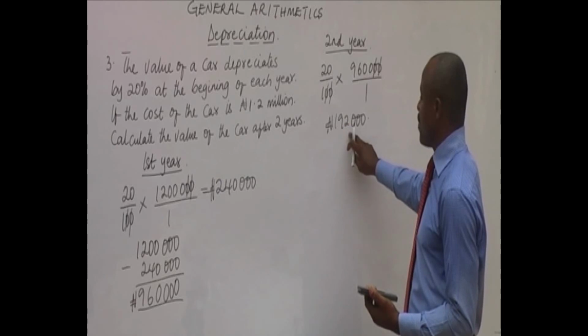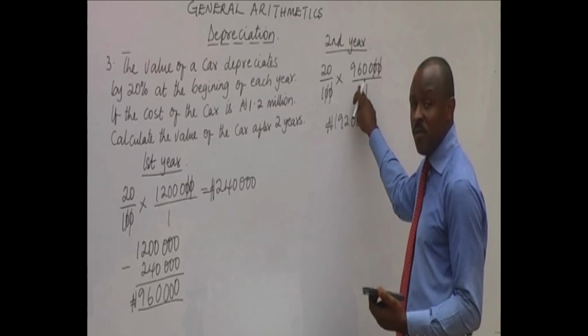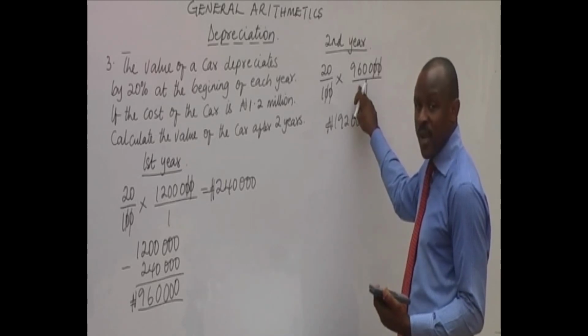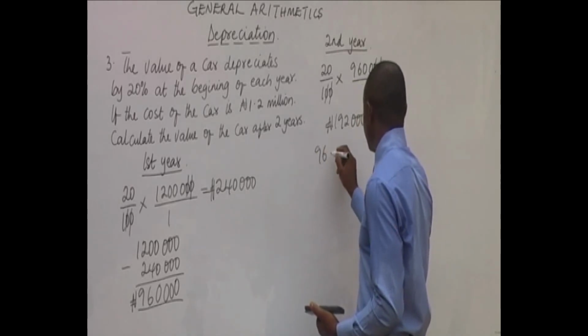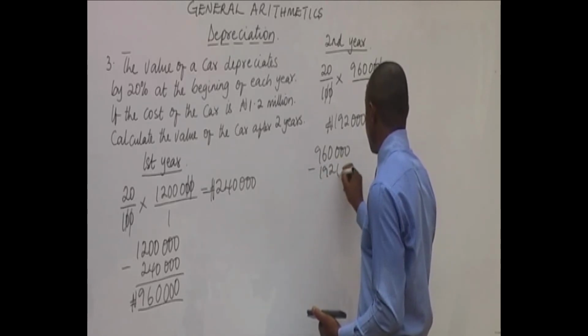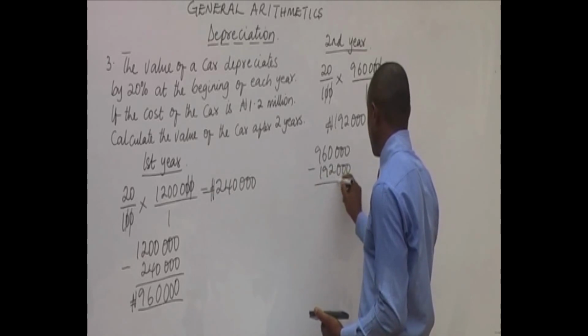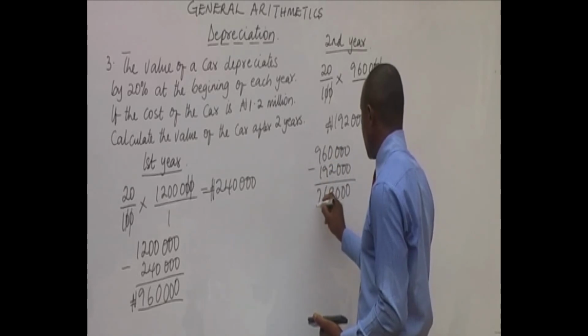If you subtract this value that it will lose from its value in the second year, it will give you the new value it will have in the third year. So subtract, you have 960,000 now minus 192,000. 0, 0, 0. 10 minus 2 is 8. 15 minus 9 is 6. 8 minus 1 is 7.